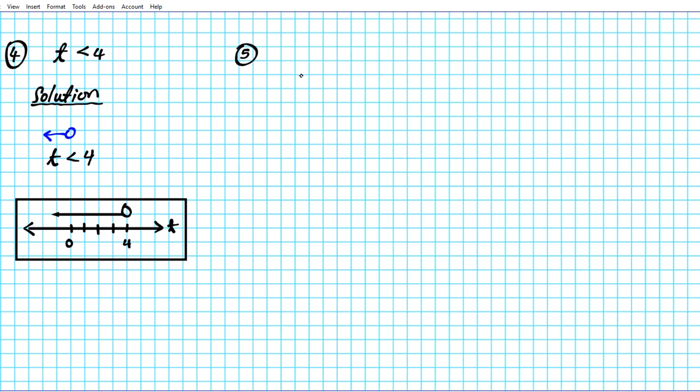What if we have the inequality -1 is less than or equal to m? Let's solve that. -1 less than or equal to m. Let's write that down. Well, one thing you'll notice is that the variable is to the right, so we have to switch it around.